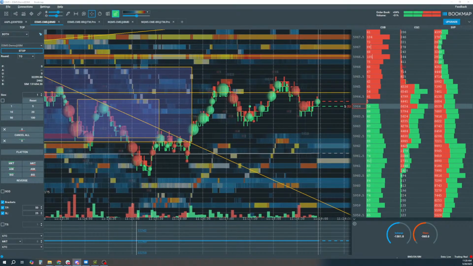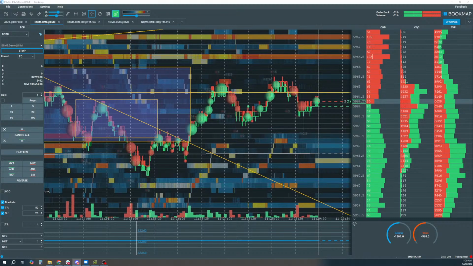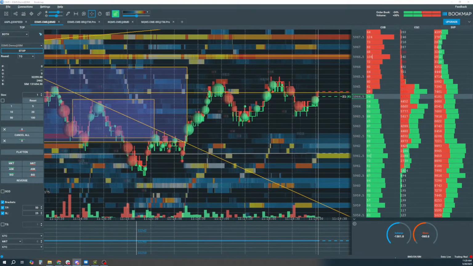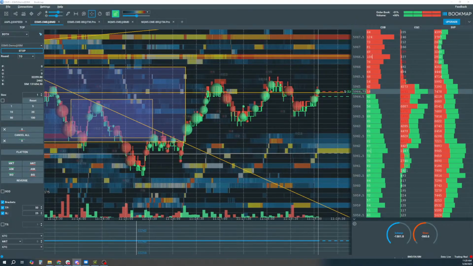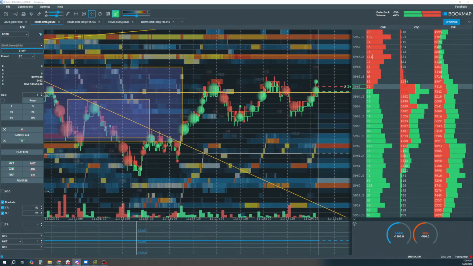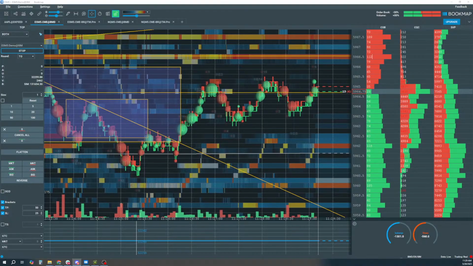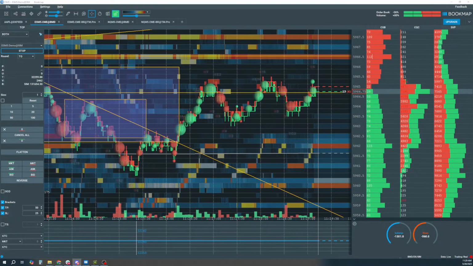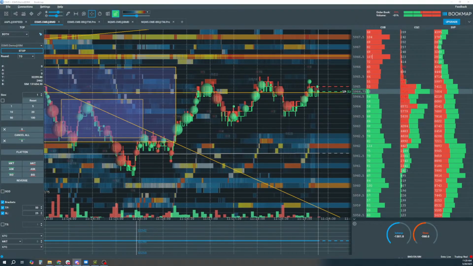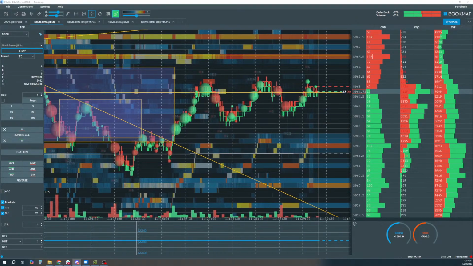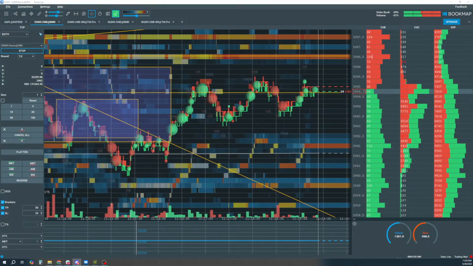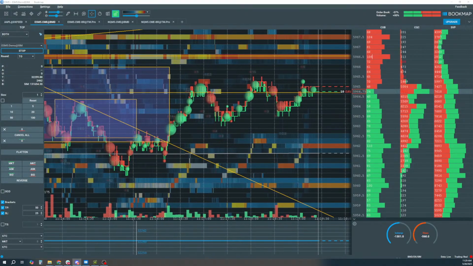All right, let me round up the last minute questions here. Replay files happen when you open up your Bookmap in the replay or run options mode.